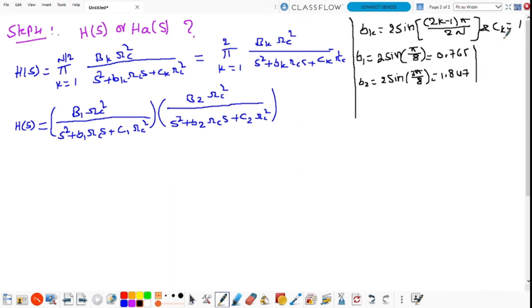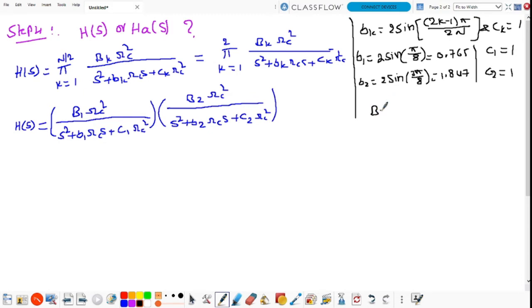And ck is equal to 1 in this equation. Substitute k is equal to 1, we get c1 is equal to 1, and substitute k is equal to 2, we get c2 is equal to 1. And next calculate capital B1 and capital B2 values.